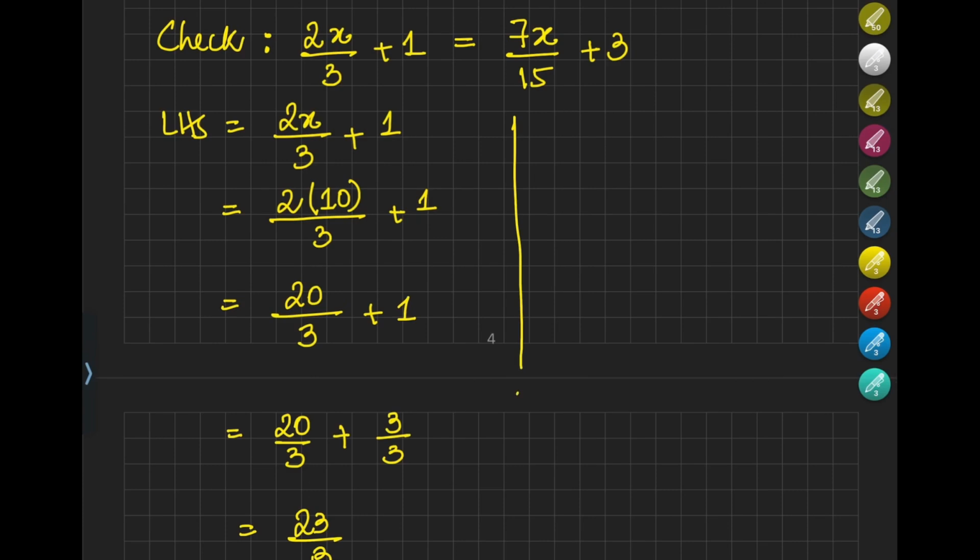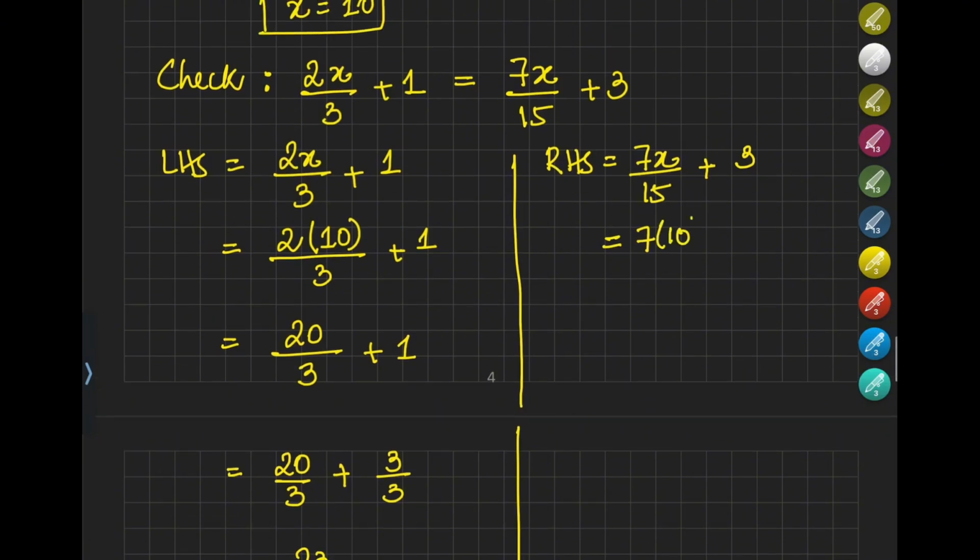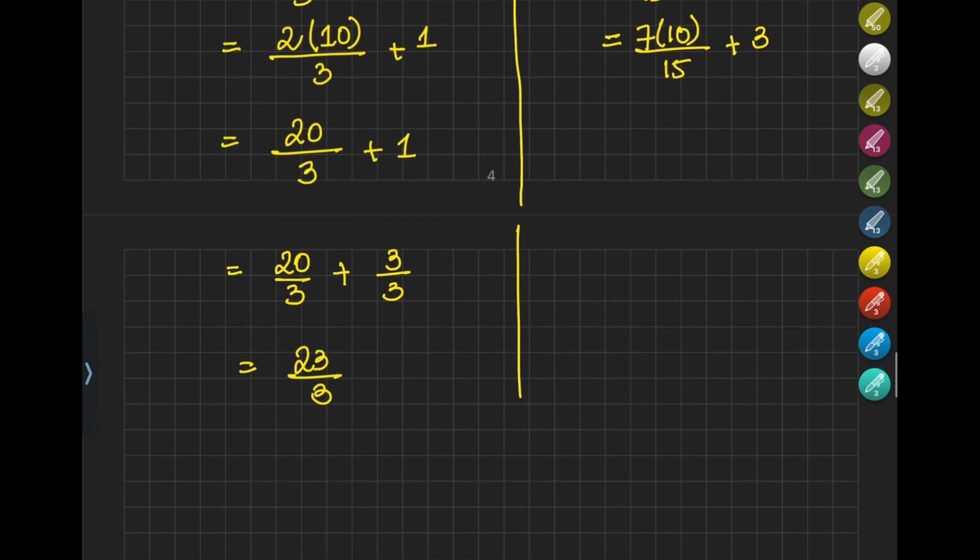Now let's see the right hand side. In the right hand side we have 7x/15 + 3. So 7, the value for x was 10, by 15 plus 3. So 70 by 15 plus 3.